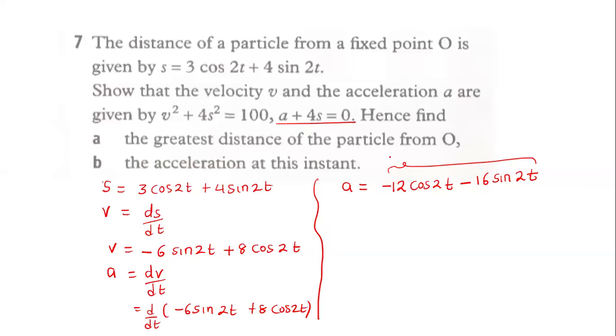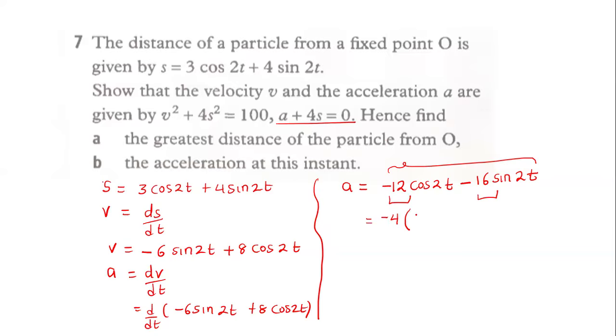We are going again. Doreen, what is common here and is also common here? 4. 4, good. What else? Negative 4. Negative 4. Let's factorize it out. What do we remain with?